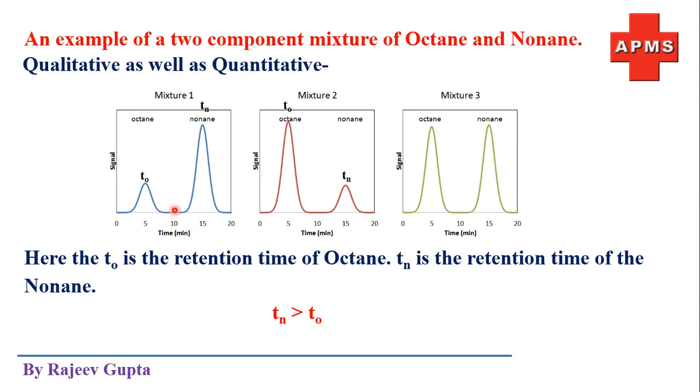See, three types of mixture are shown here. When the experiment has been run for mixture 1, then it gives these types of results. At this 5 minute, we get the signal for octane.